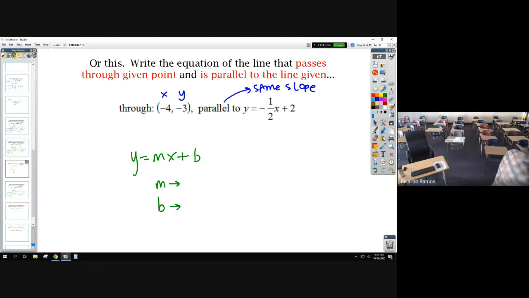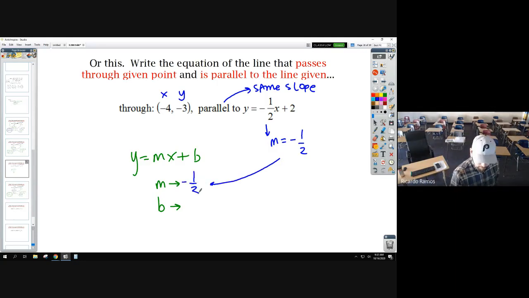Another -5. All right. Slope. Parallel to this line, so same slope. Our slope here is -1/2. I keep emphasizing the negative because a lot of times it gets ignored, guys. Slope here is -1/2. For the y-intercept, we need to plug in the x and the y our line goes through, and the slope of our line.